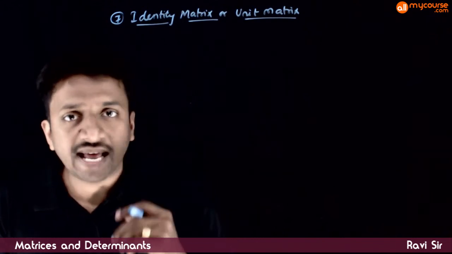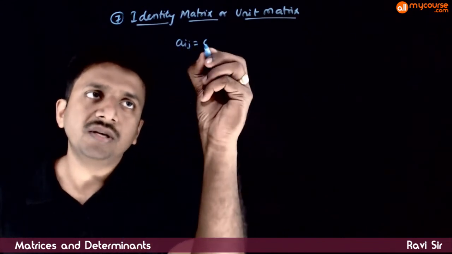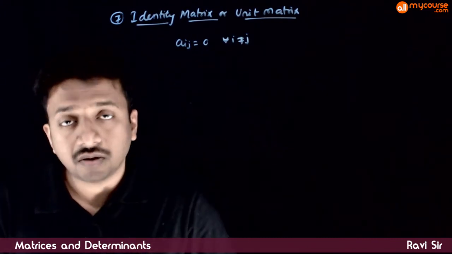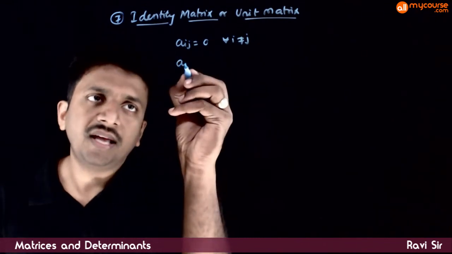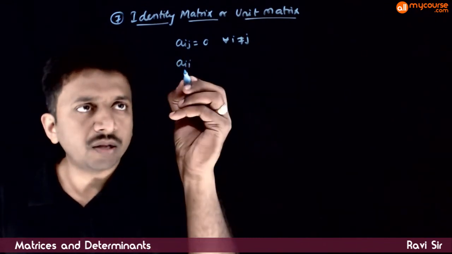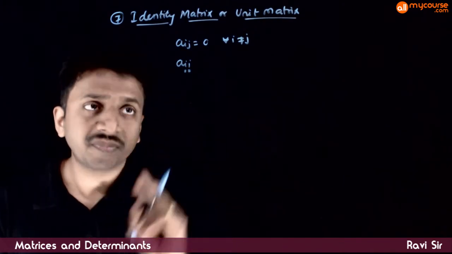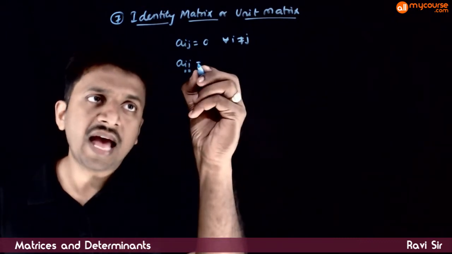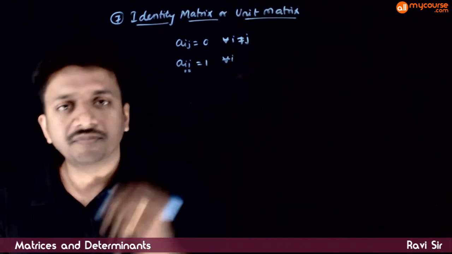That means it has to be a diagonal matrix. So Aij is equal to 0 for all i not equal to j. This is the first condition. All the non-diagonal elements are zeros. And Aii, if the row number is the same as the column number, that means we are dealing with the diagonal elements. So Aii has to be equal to 1 for all values of i.